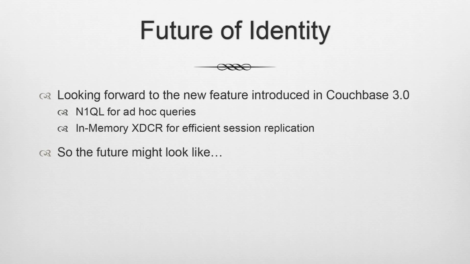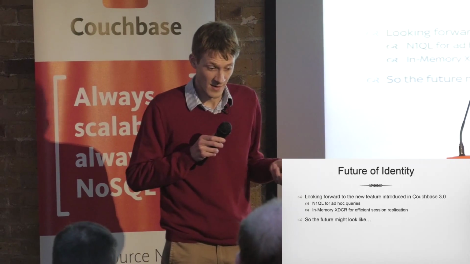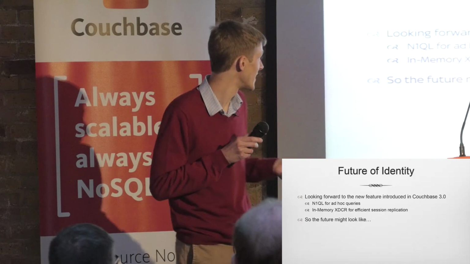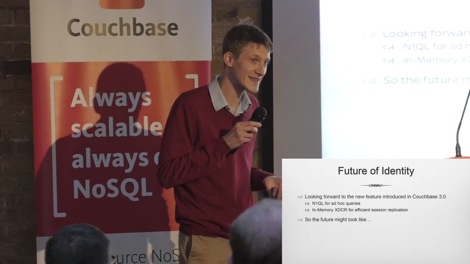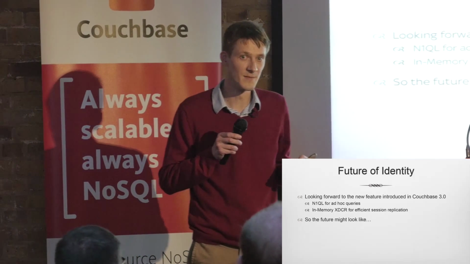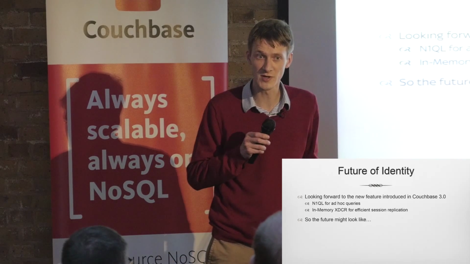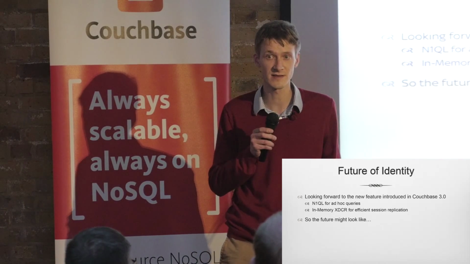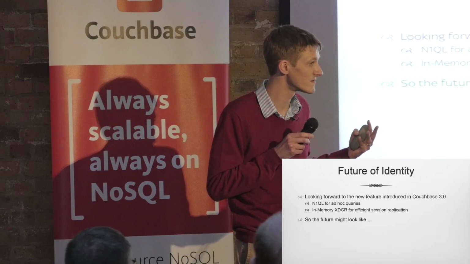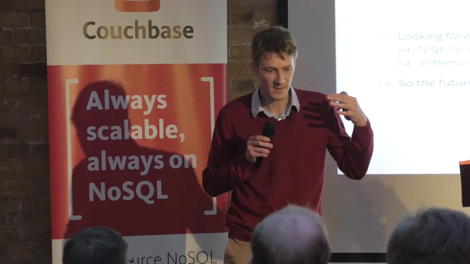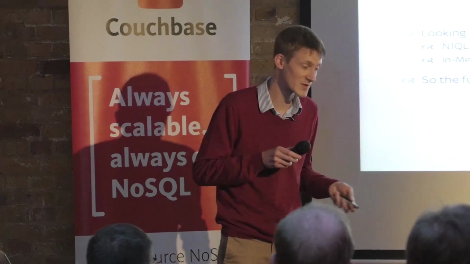They don't want to build a view. That's something we think would help us. And the in-memory XDCR: we use Memcache at the moment because it's all in-memory. It's very fast. And with the in-memory XDCR, where Couchbase can pick up changes and stream them into a different data center, we might be able to use it as a replacement.